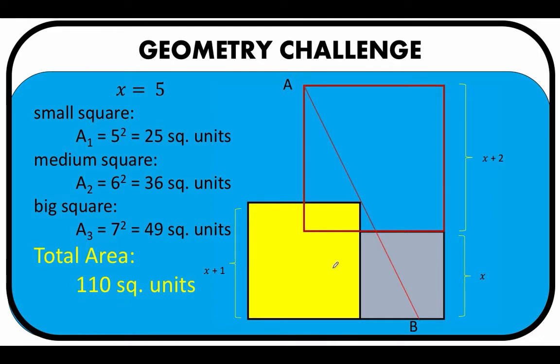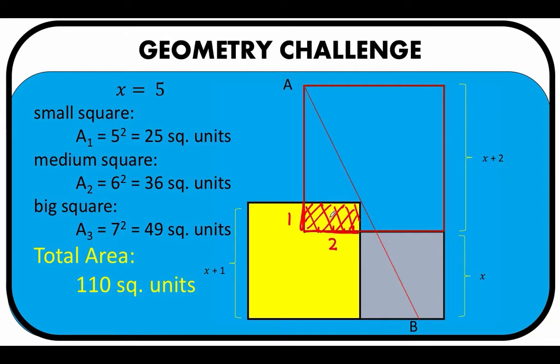But if we interpret the question to be the total area of the three squares as drawn in this figure, then we have to subtract this overlap. And the area of this overlap is 2 square units, because we know that this side length here is 1 unit and this side length here is 2 units.